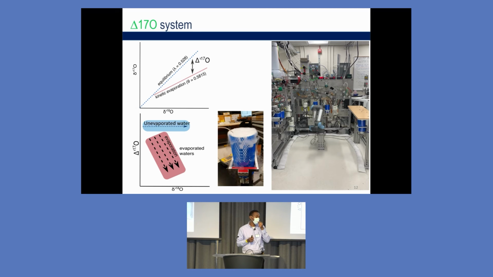The carbonate has to be digested in the acid to liberate carbon dioxide from it. That carbon dioxide has to go through a reduction phase to liberate the oxygen from it. So after liberating the oxygen, we form water. That water has to go through a fluorination stage so we can get only the oxygen.